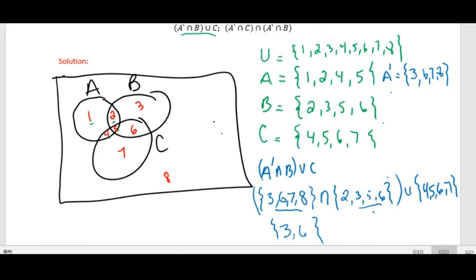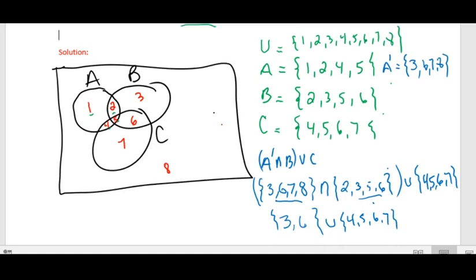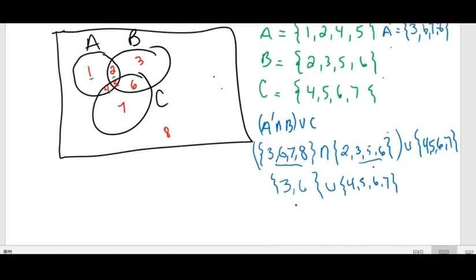So now I have union, and I'm going to write it here, 4, 5, 6, and 7. Now the union means to put everything together. So we're going to have 3, 4, 5, 6, and 7. So this would be our answer for this first part.